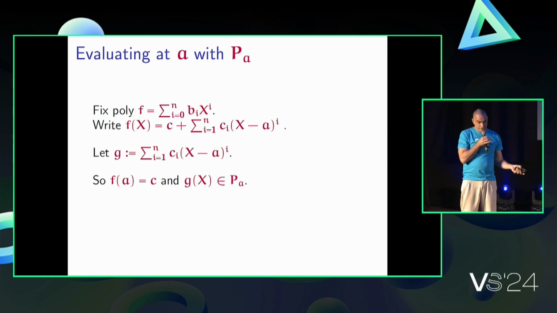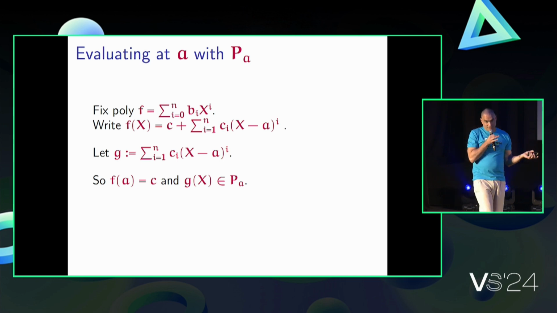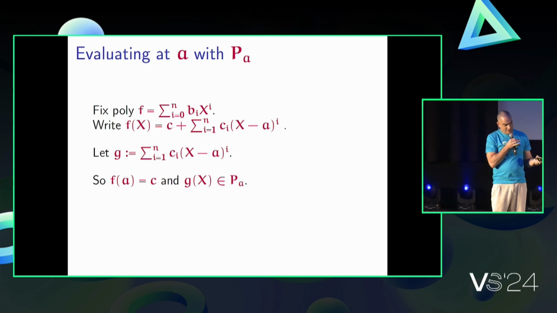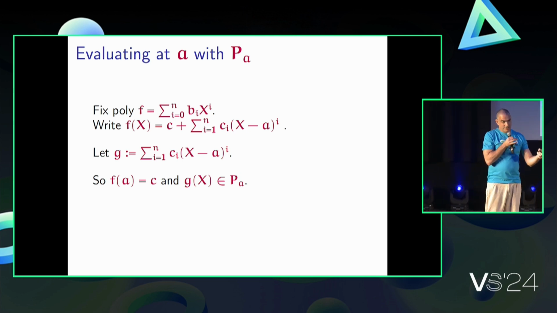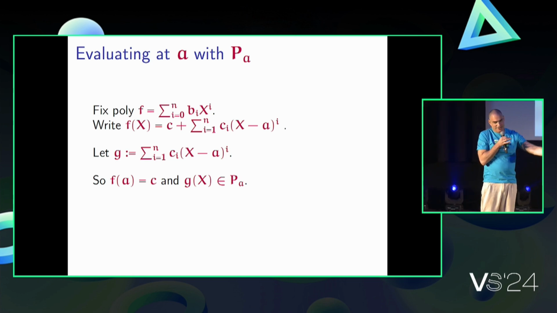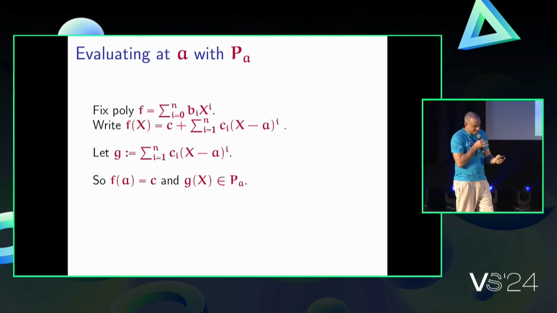So g is 0 at a, which means it belongs, by definition, to this PA. And this constant c is going to be equal to f of a, because on the left-hand side you have f of a, and on the right-hand side, the only thing that is not zeroed out is this c.